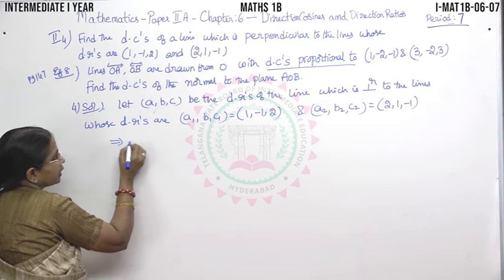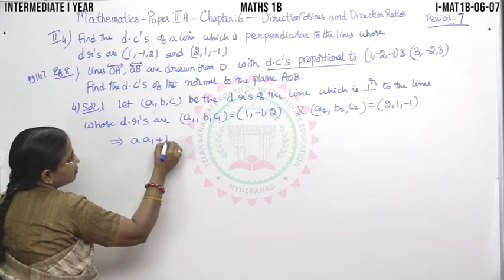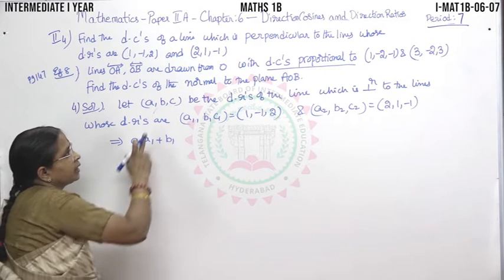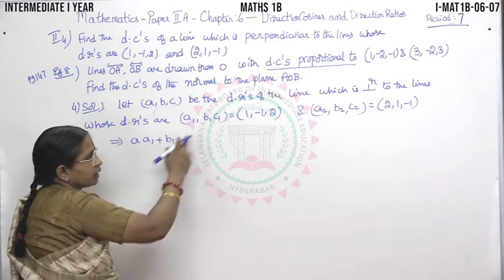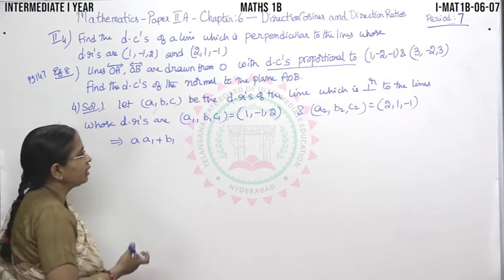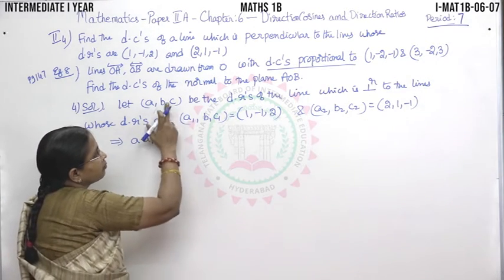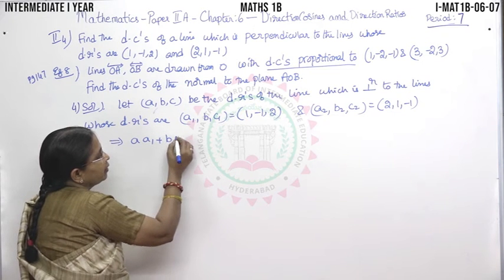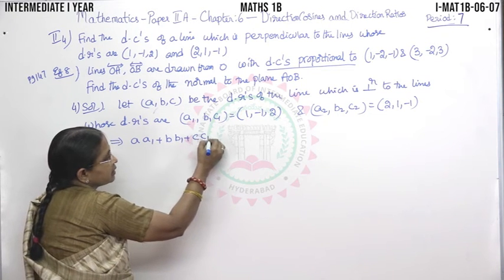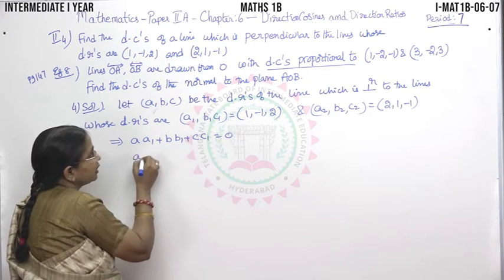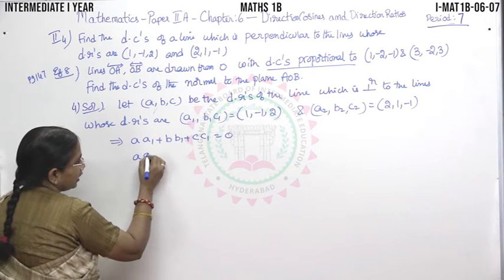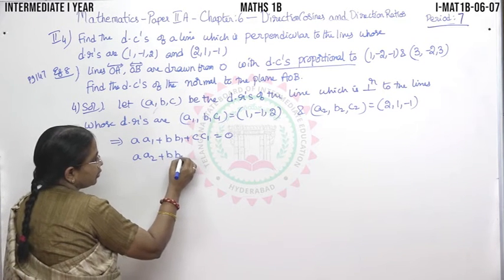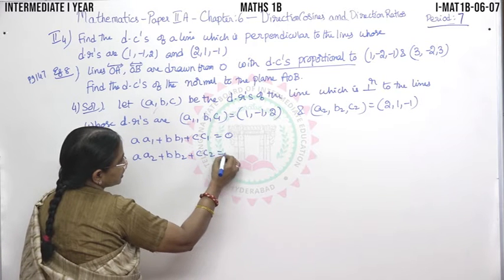So that implies a1 a plus b1 b plus c1 c is equal to 0. These are the direction ratios of a line, and that line is perpendicular to this line. And then again these two are perpendicular, so a2 a plus b2 b plus c2 c is equal to 0.